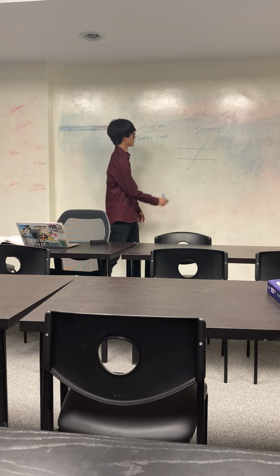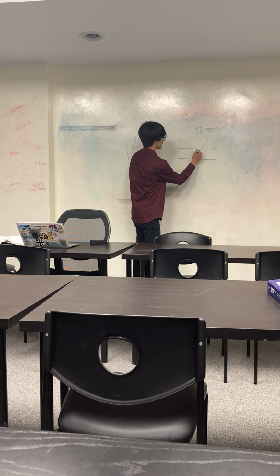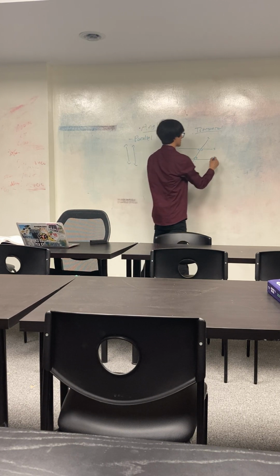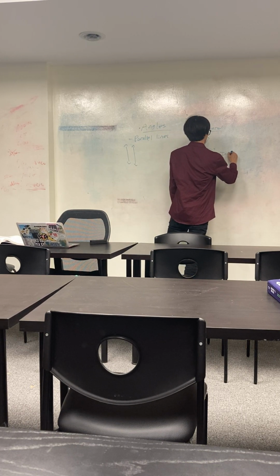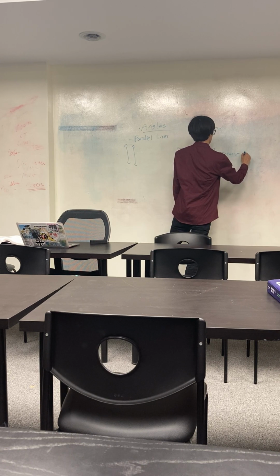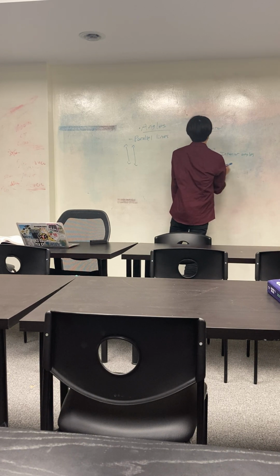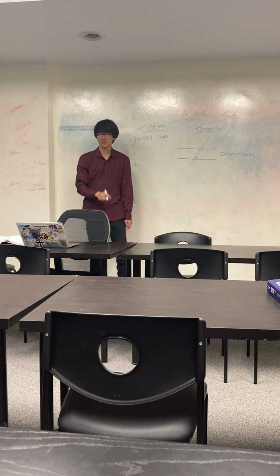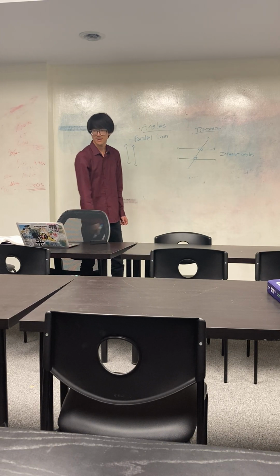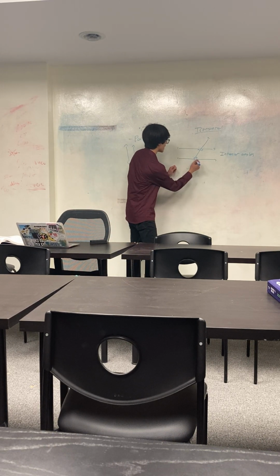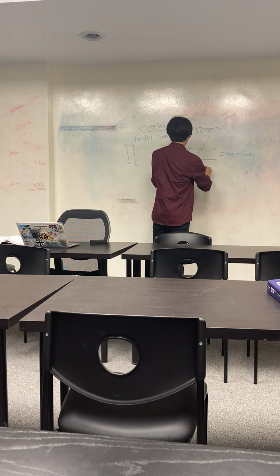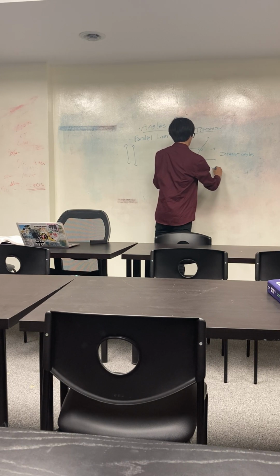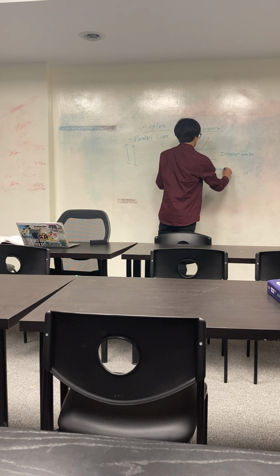And so the ones here, this one, this one, this one, and this one, these are called interior angles because they're the ones inside the transversal. So these 4 are called interior angles. And then the 4 on the outside, those are called corresponding angles because they correspond with the interior angles.